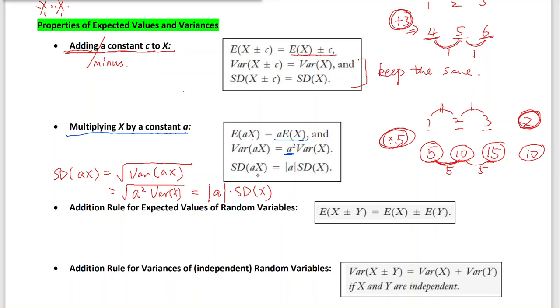And the standard deviation of AX will be the absolute value of A times the original standard deviation of X. So these are the properties.